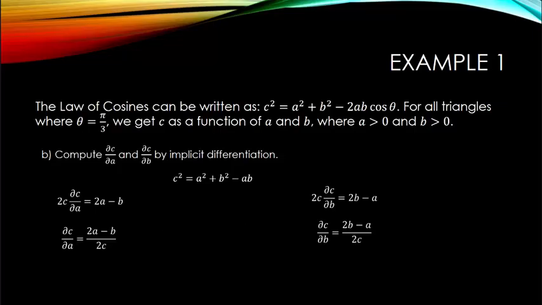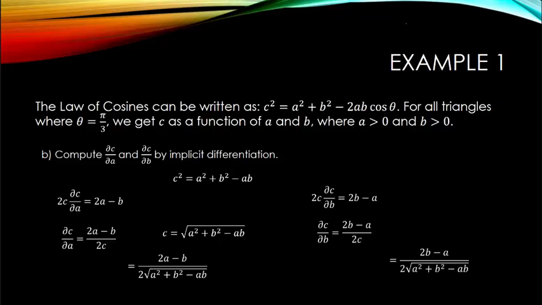But keep in mind, c is equal to the square root of a squared plus b squared minus ab, which means that the partial derivative of c with respect to a in this case can be rewritten as the quantity 2a minus b over 2 times the square root of a squared plus b squared minus ab, and the partial derivative of c with respect to b can be rewritten as the quantity 2b minus a over 2 times the square root of a squared plus b squared minus ab. Now my result is identical to what we got before. So both methods work and they give the same result.